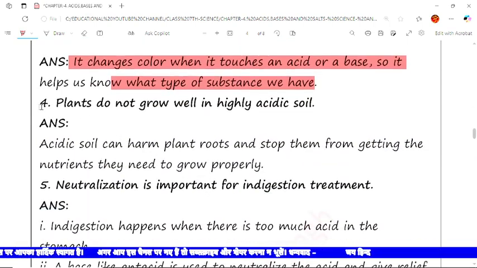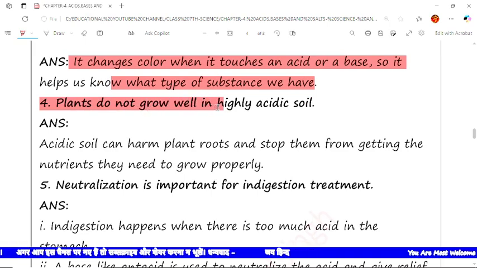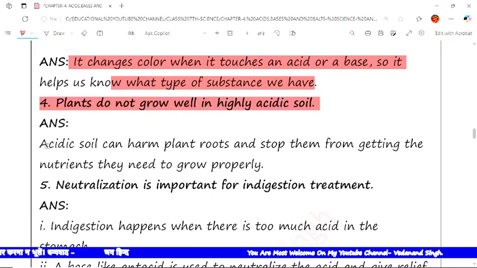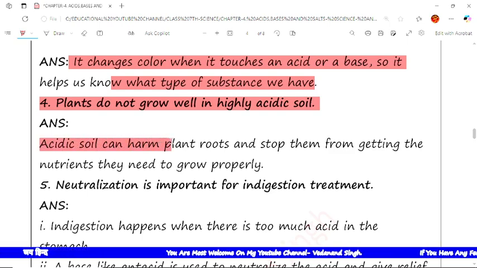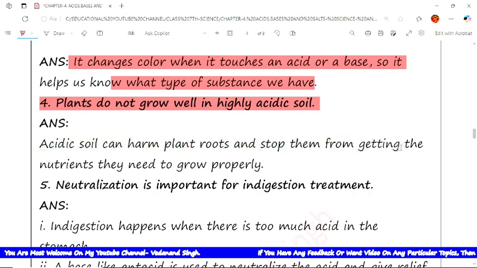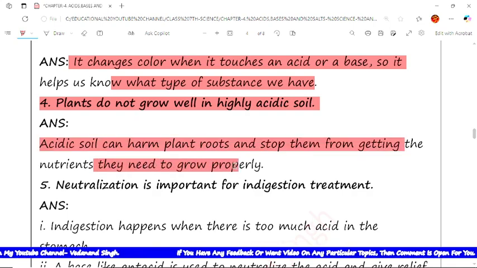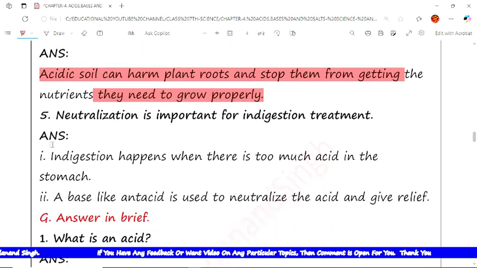The fourth statement is: plants do not grow well in highly acidic soil. The answer is acidic soil can harm plant roots and stop them from getting the nutrients they need to grow properly.